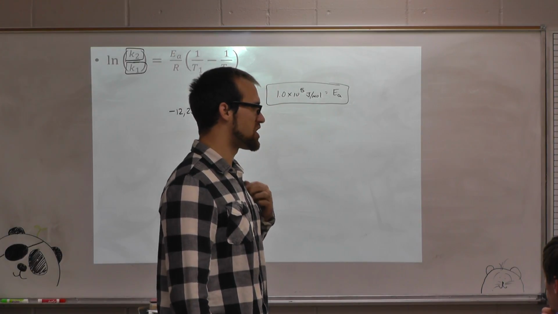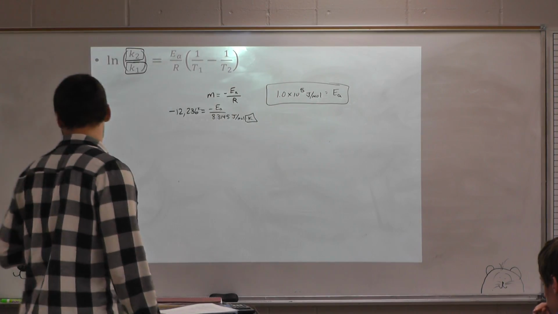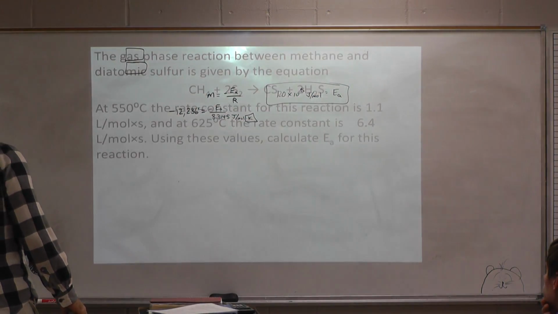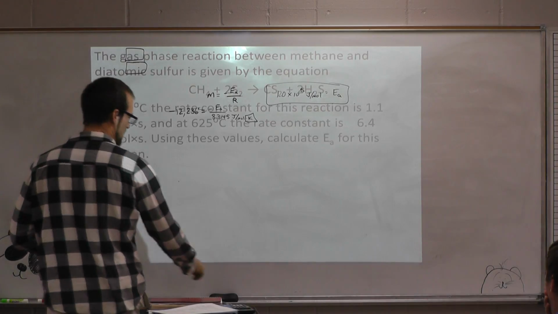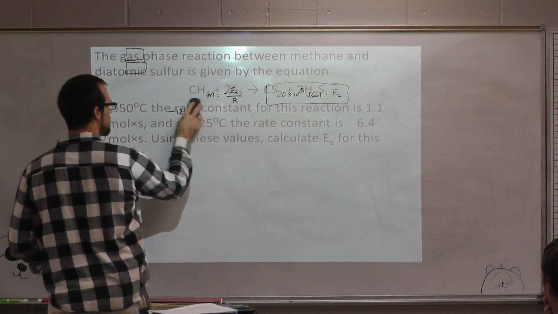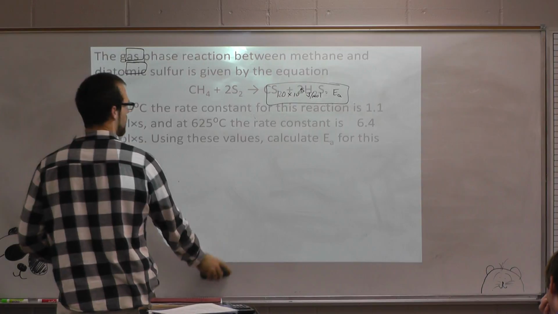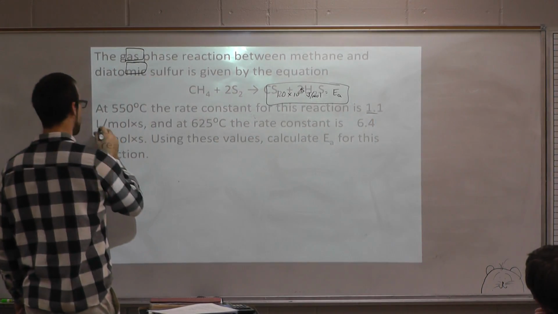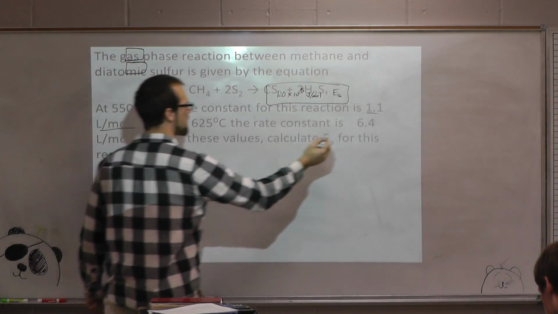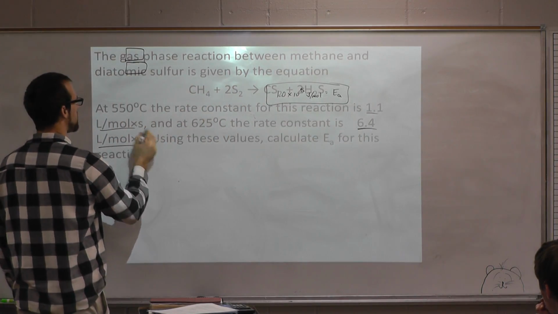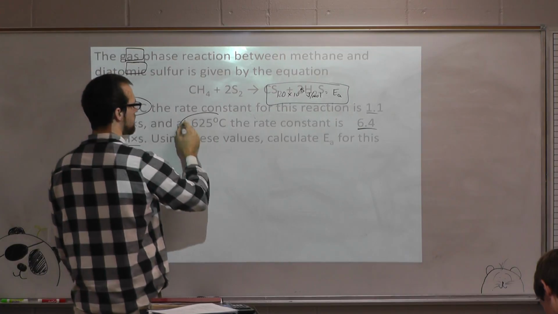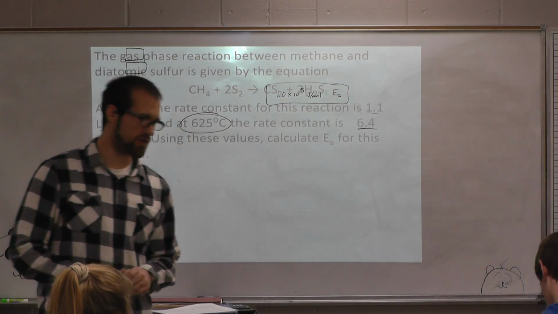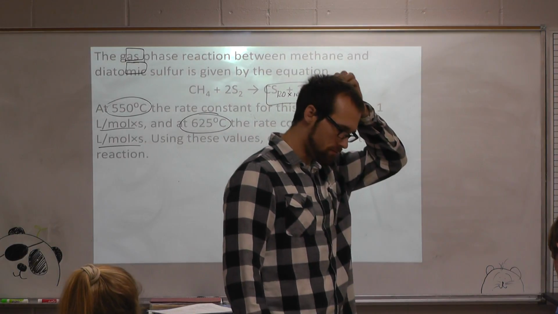The rate constant is going to change with temperature. On this next problem, it wants you to find the activation energy when you're given two different Ks and two temperatures, and you would use that equation that was on the board. Okay? Questions?